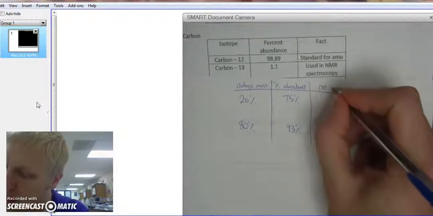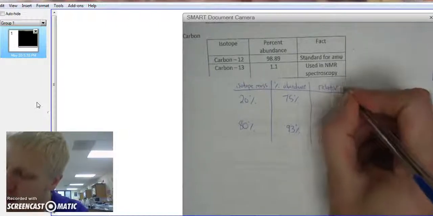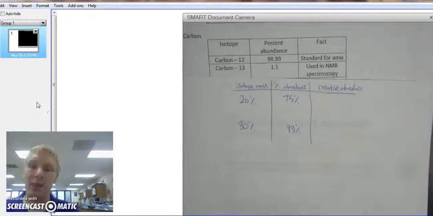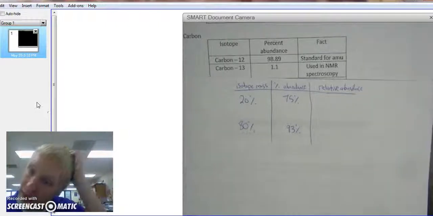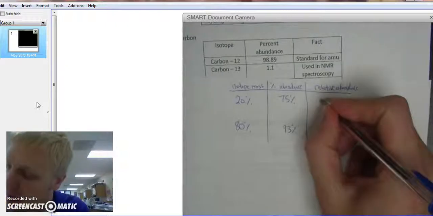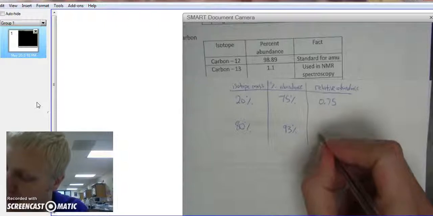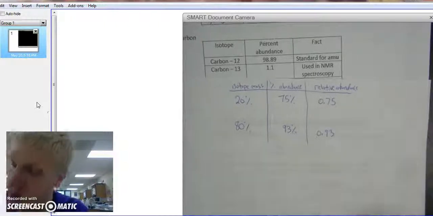We then find our relative abundance, and that's putting the whole out of 1 instead of out of 100, so we move our decimal 2 spots to the left of our percent abundance. This gives us 0.75 and 0.93.